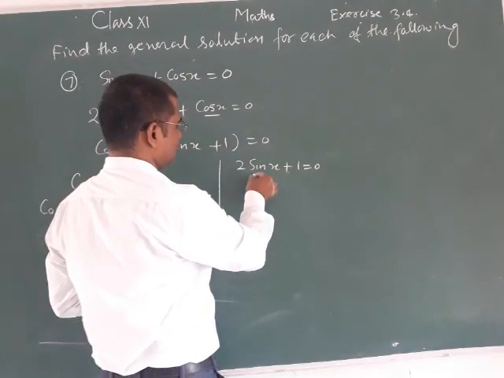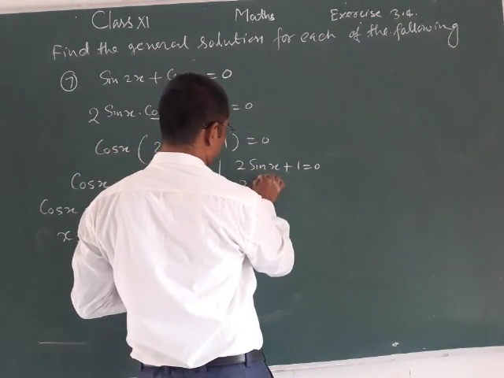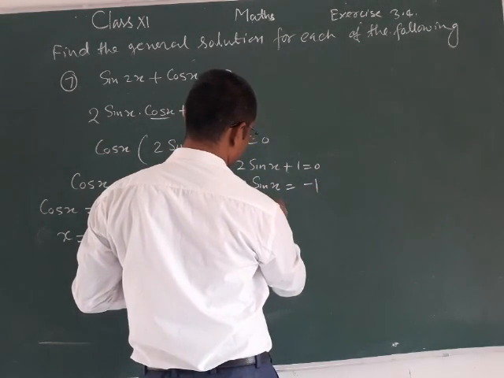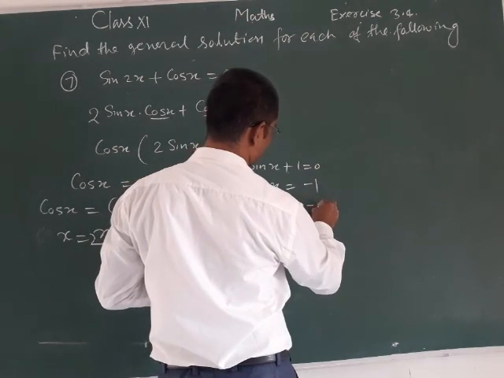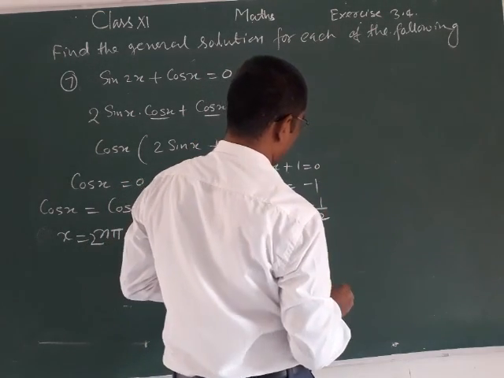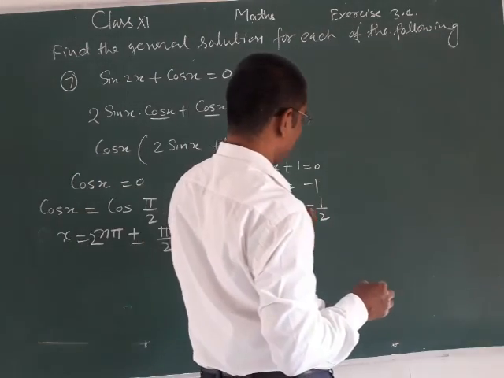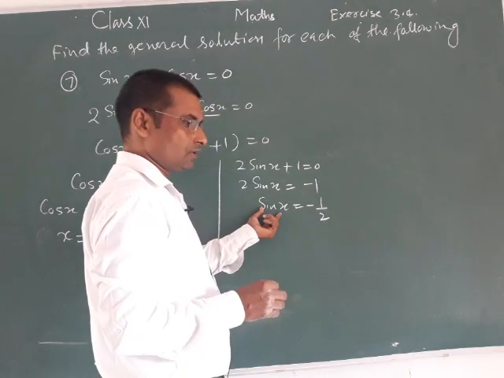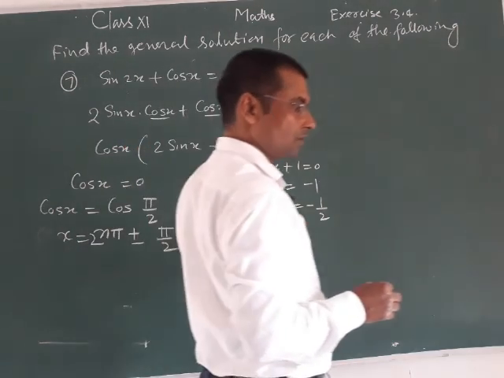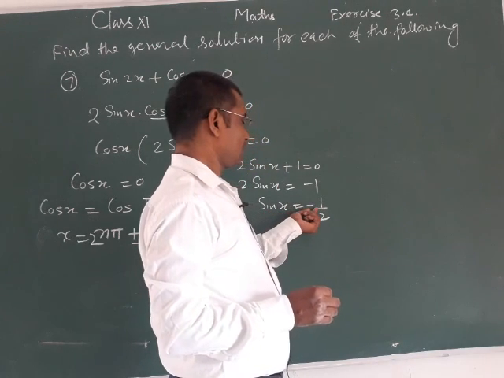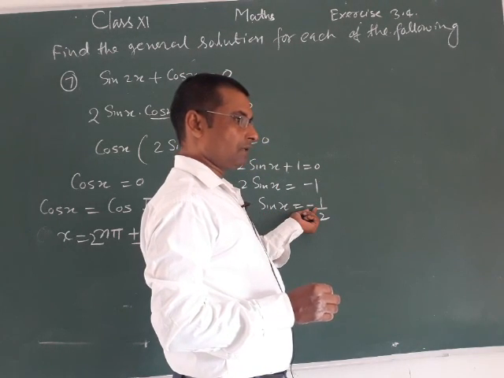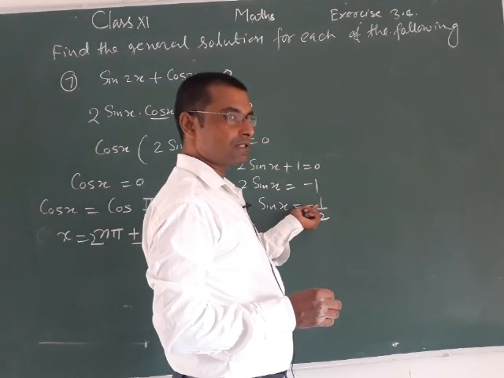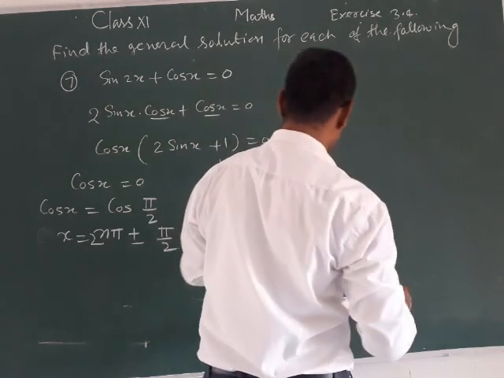And also 2 sin x is equal to minus 1, and sin x is equal to minus 1 by 2. For minus 1 by 2 in the sine ratio, sin of pi plus pi by 6, so 7 pi by 6.